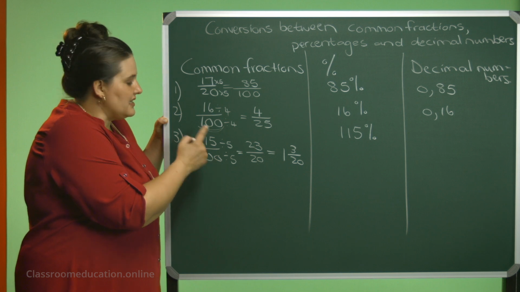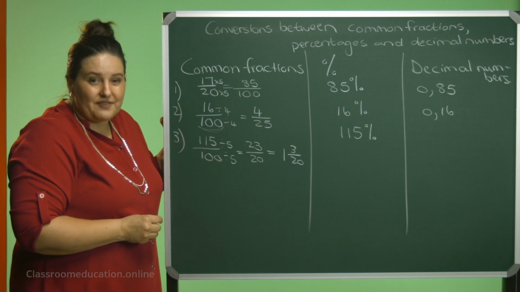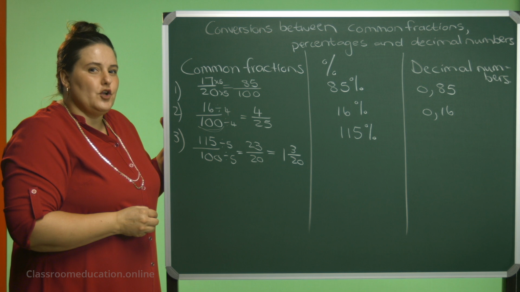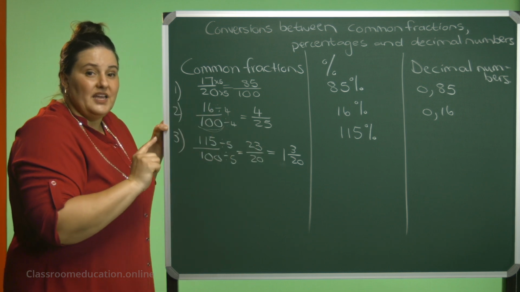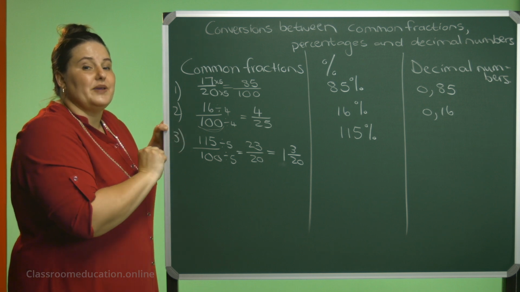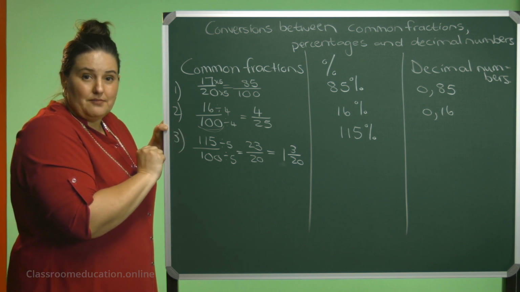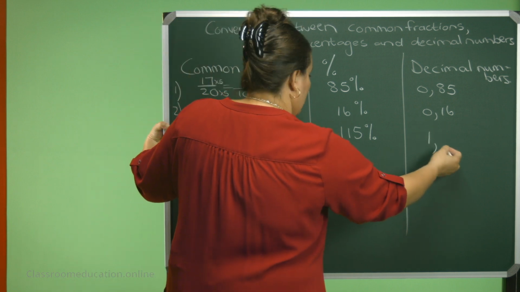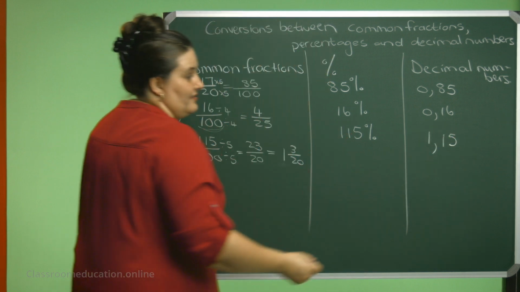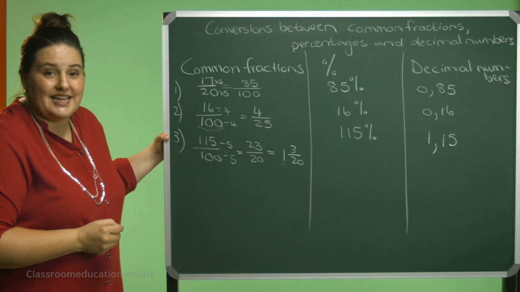So this means there's 115 hundredths. What will we do? If you're not sure, this might give you a hint. I have 1 and 3 over 20. So what will this become? It will be 1.15, my decimal number.